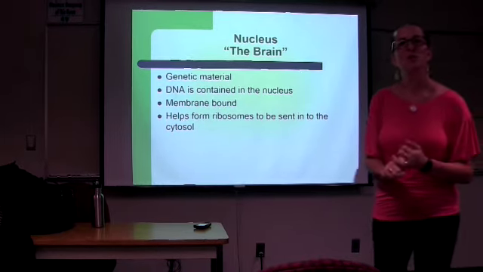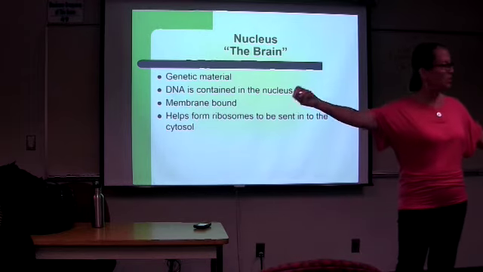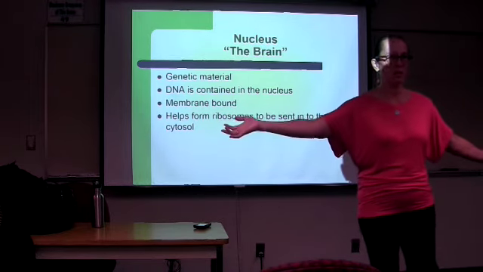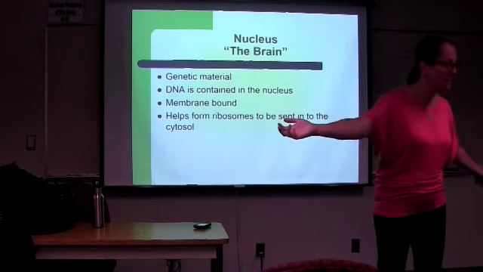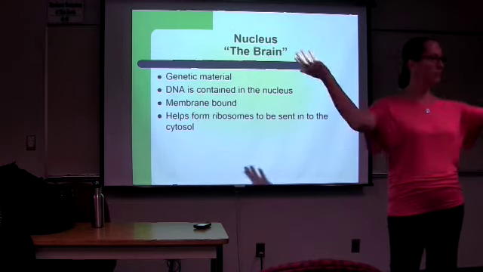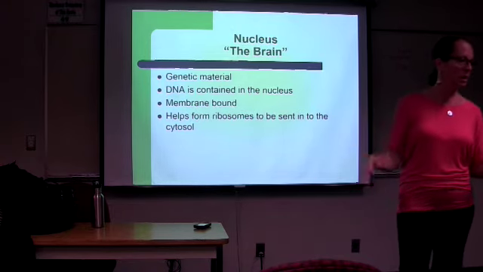So let me ask you this question. We have this big long strand of DNA in our nucleus, right? If you were to take the DNA from one of my cells, you can run it from like here around the earth twice or something. I have no idea. Huge, right?